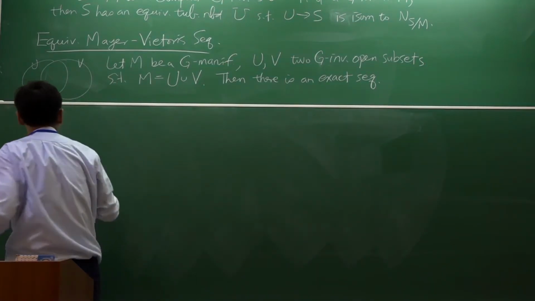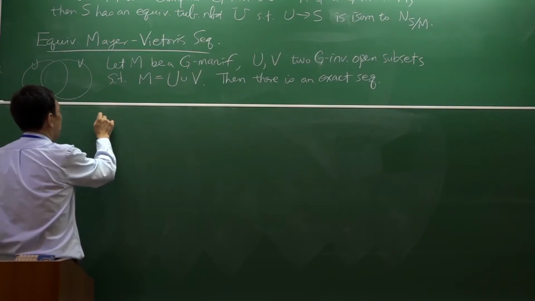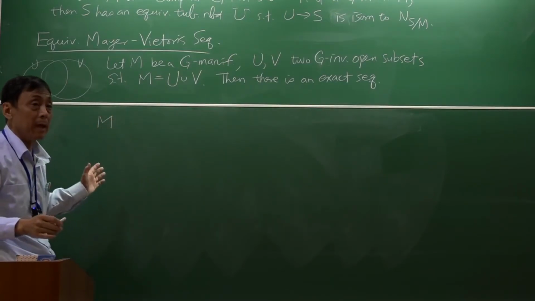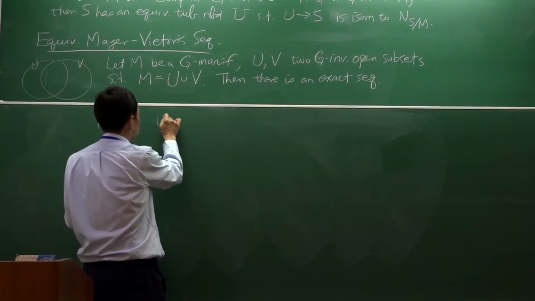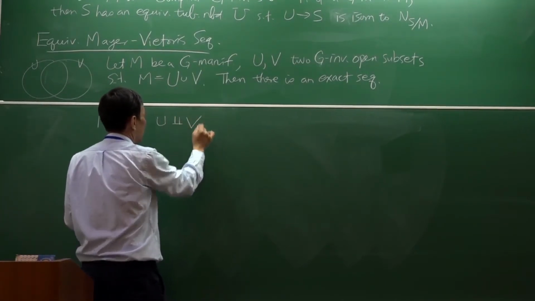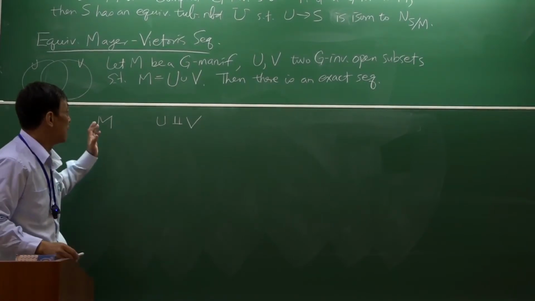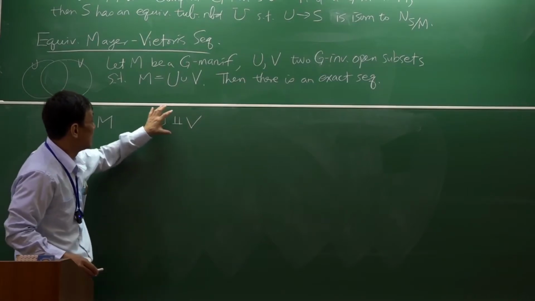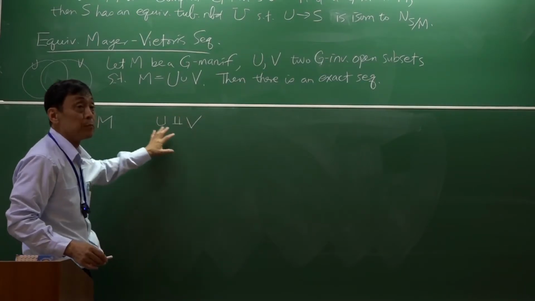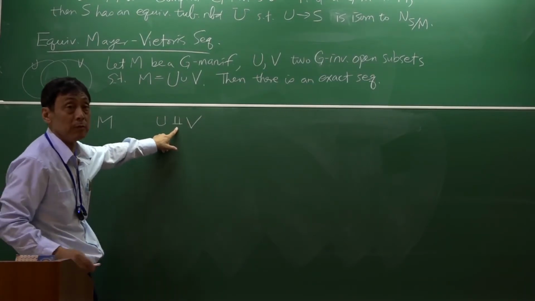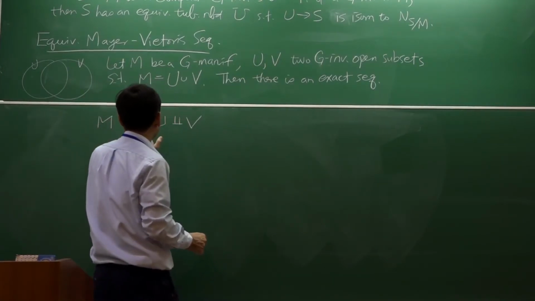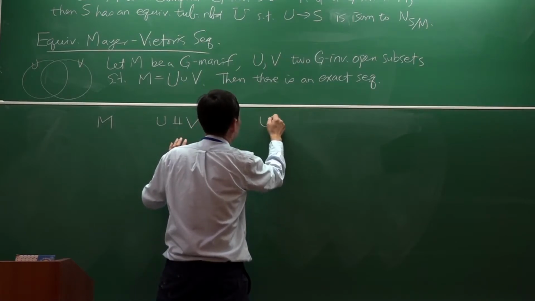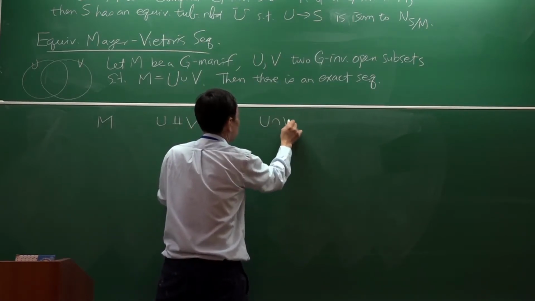So I picture it this way. You have a manifold M, and then you restrict it to the open subsets U and V separately. So this is a disjoint union. And then, okay, you can further restrict the cohomology to the intersection.